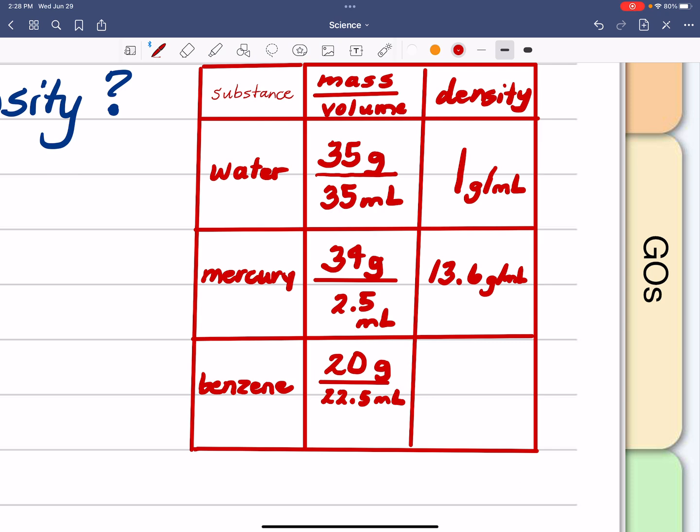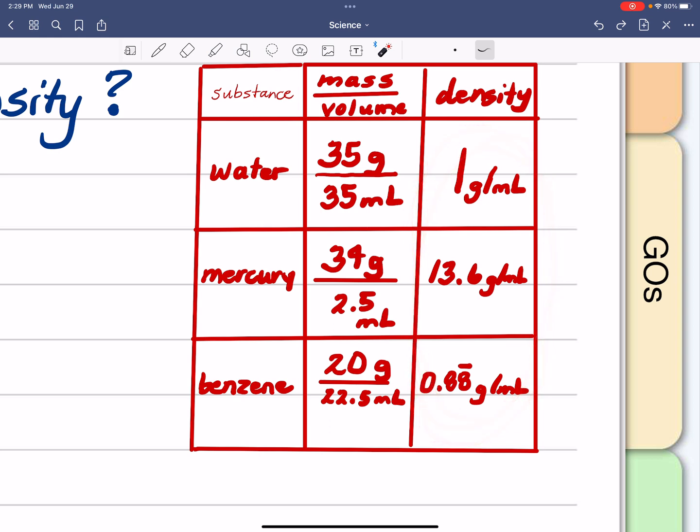And then to do benzene, let's do clear. 20 divided by 22.5 is 0.88, repeating, grams per milliliter. And I'm just getting the grams per milliliter from these numbers, G over ml, G over ml. We don't have to worry about that. I just want to be sure that you're getting these numbers.